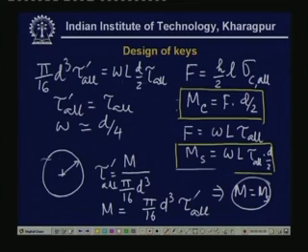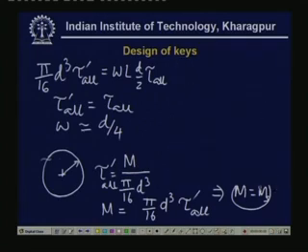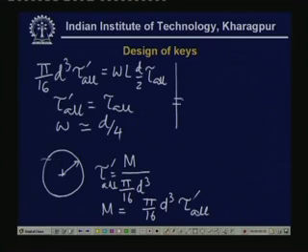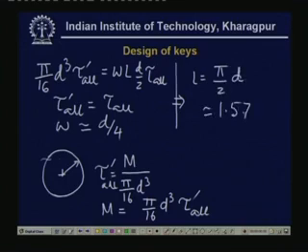Then L will be equal to 1.57 times d. If you do this calculation, ultimately from this expression we get L equal to about pi by 2 d, which is almost equal to 1.57 d.